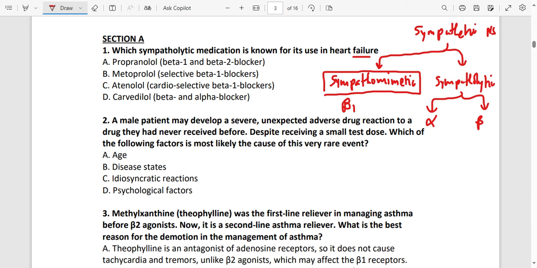But then to be specific, which one is the most recommended? You can see we have got propranolol, which is both beta 1 and beta 2, metoprolol, which is the selective beta 1, atenolol, which is the cardioselective beta 1 blocker also, and then carvedilol, which is beta and alpha blocker. Which one can we pick?